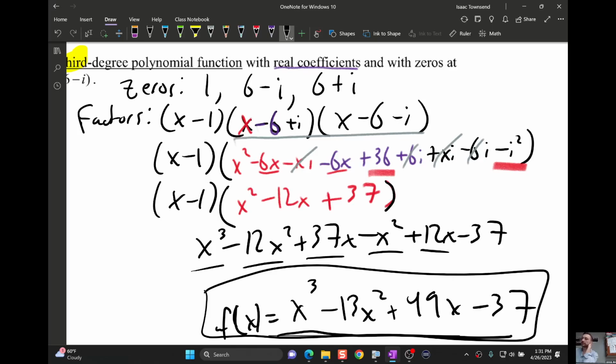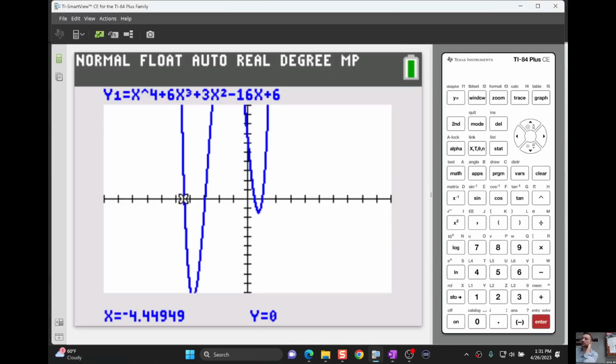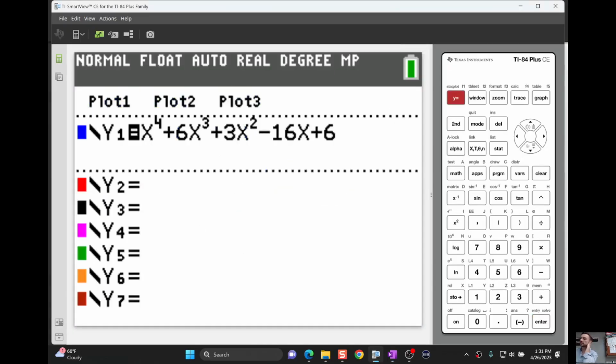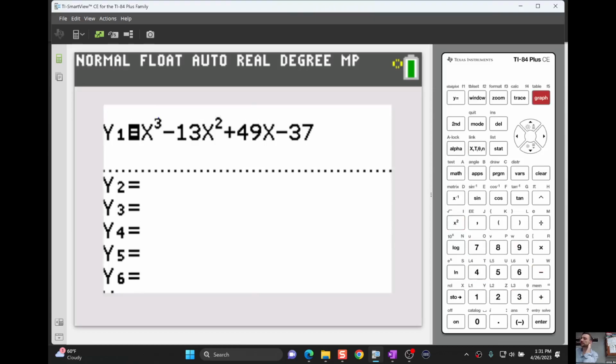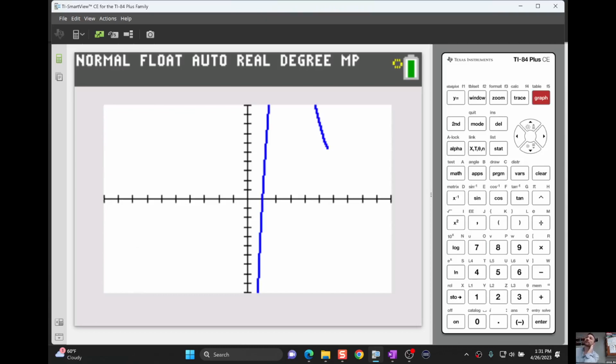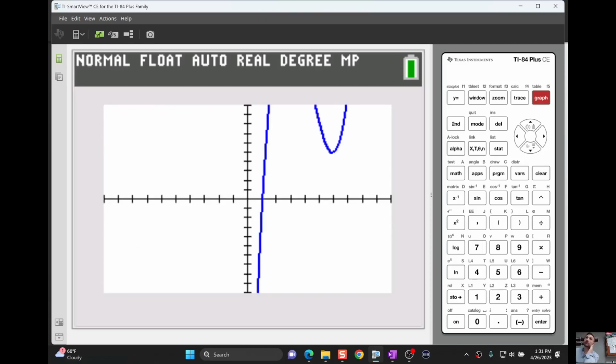Right, real zeros show up as x-intercepts. Imaginary zeros do not. So I will graph it quickly for us so that you can see what I'm saying. That was the original equation. There's only one real zero, so there's only one x-intercept.